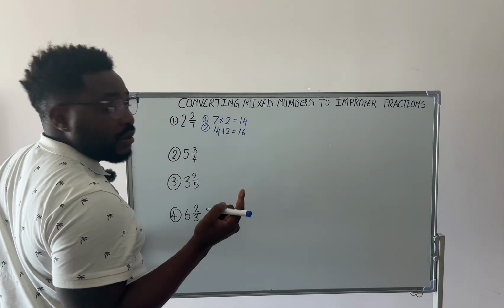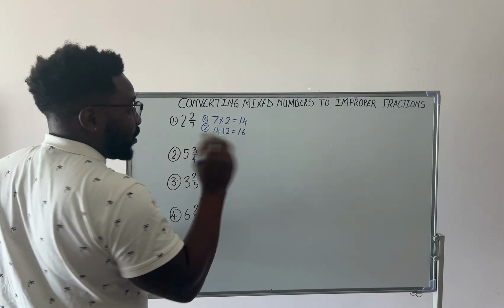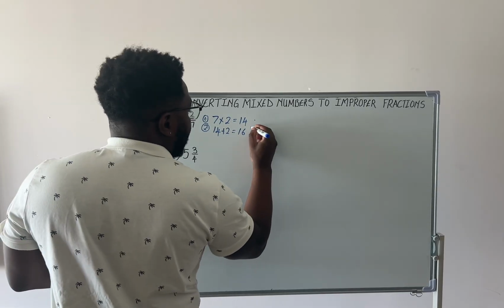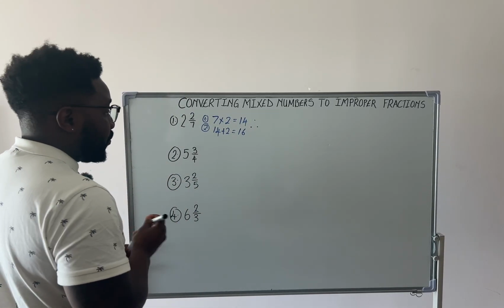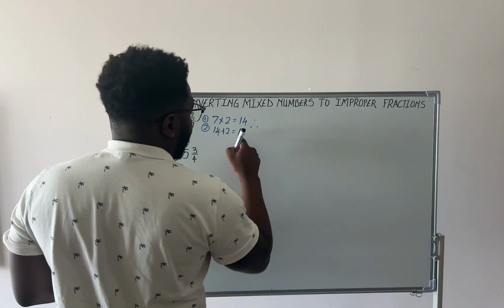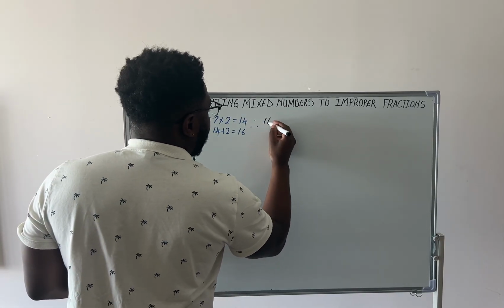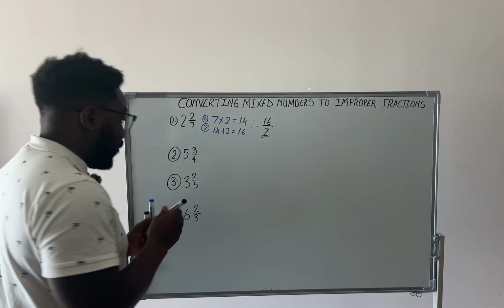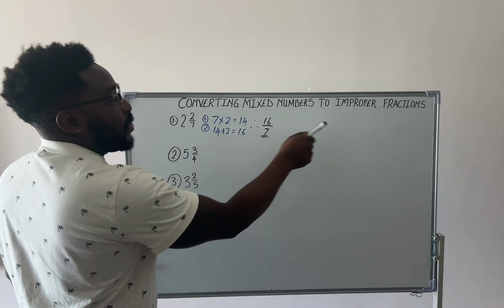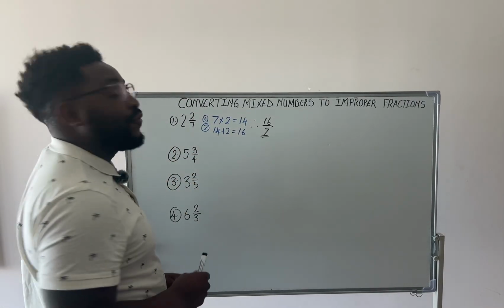And then you just have to keep the denominator. So therefore, our final answer would be this 16 over 7. There we go. We have converted this mixed number into an improper fraction.